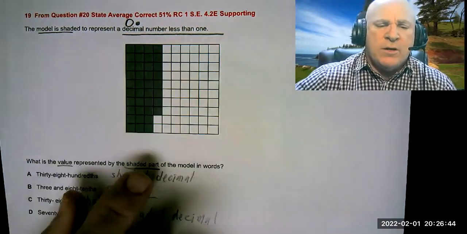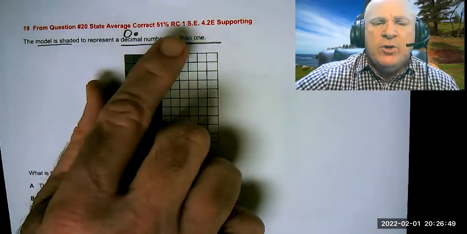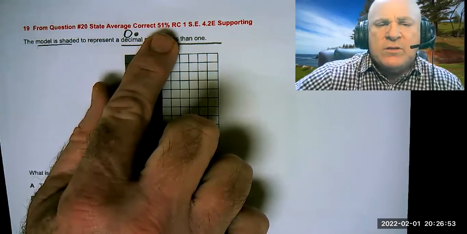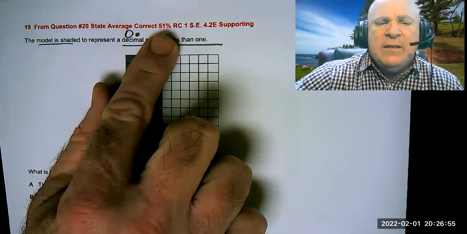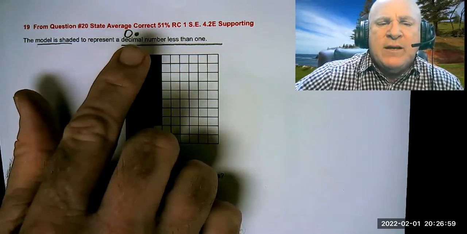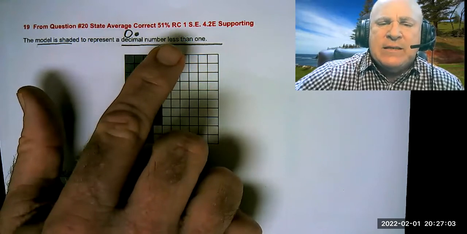So if you don't look at the problem where the period is, you'll be like the 49% of the students who did not know how to find the value of a decimal that is less than 1.